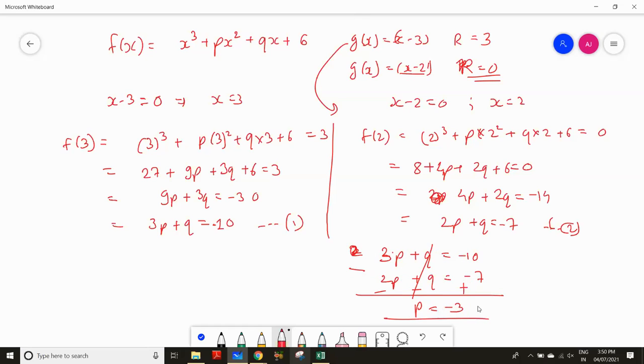So we get p equal to minus 3. Now substitute the value of p in either equation to get q. Substituting in the first equation, 3 into minus 3 plus q equal to minus 10, so minus 9 plus q equal to minus 10. Shifting 9 to the other side, q equals minus 10 plus 9, which is minus 1. So overall, we got p equal to minus 3 and q equal to minus 1.